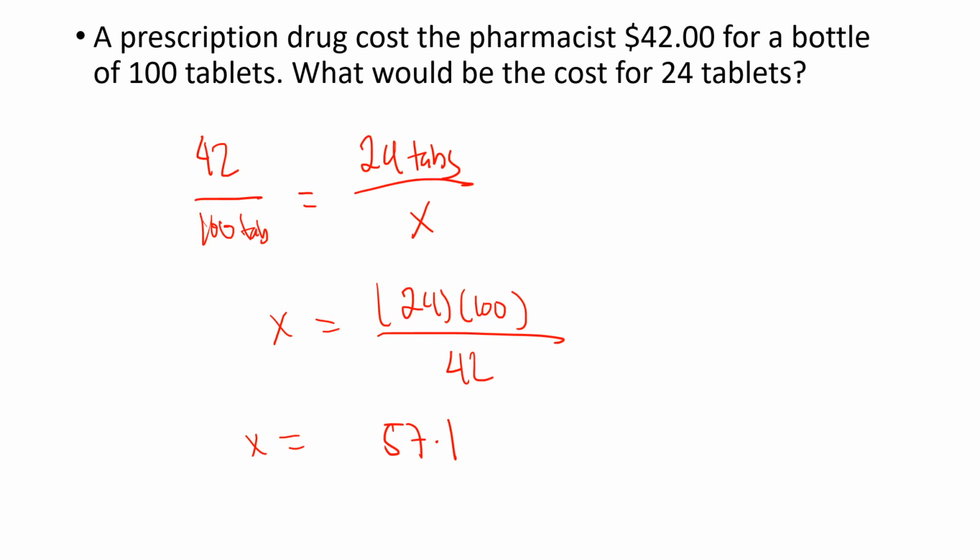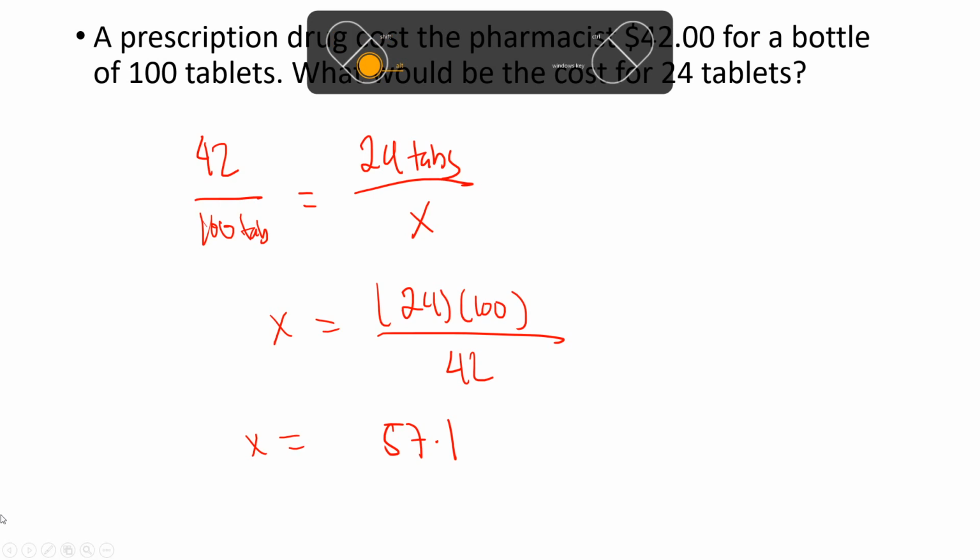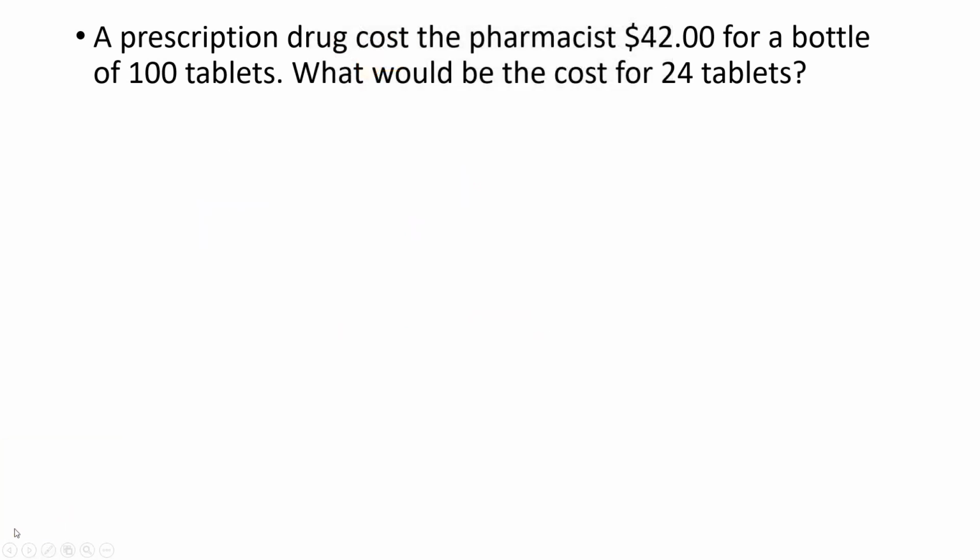I think I had an error with moving. Let's try again. I already knew it was wrong because my answer was greater than 42, but that price was already for 100 pieces. So theoretically, the price for 24 would be less than the price of 100 tablets. So I already knew I was wrong.